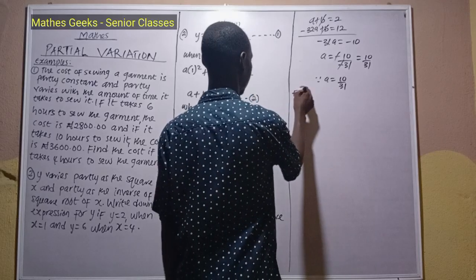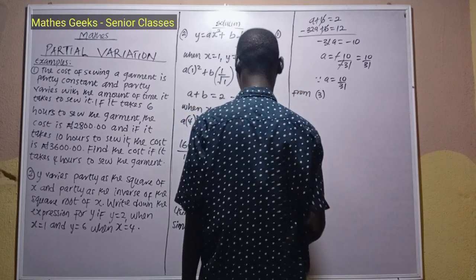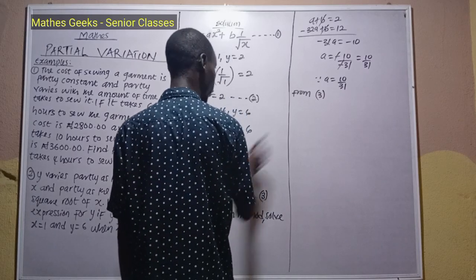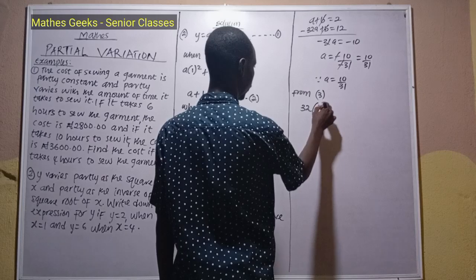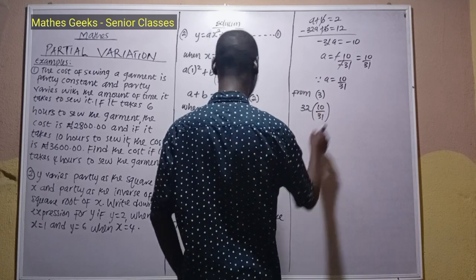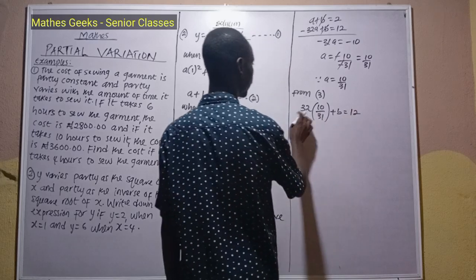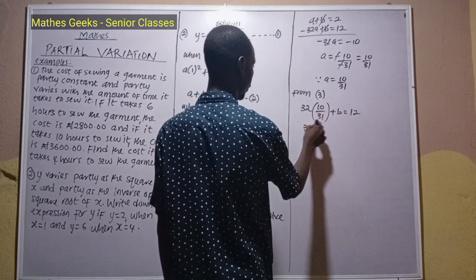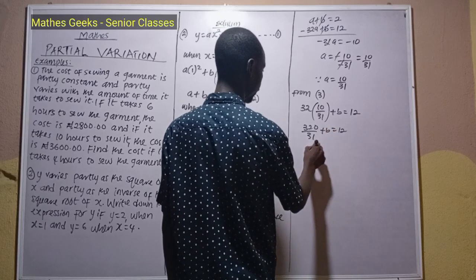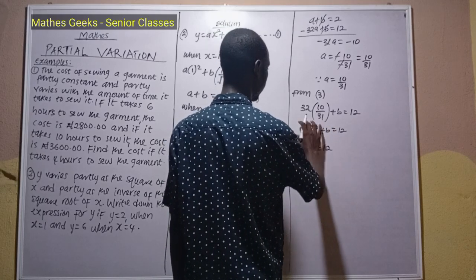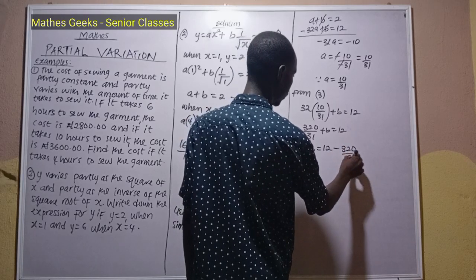So from equation 3, where we have a, we put this value here: 32 times 10 over 31 plus b is equal to 12. So 32 times 10 is 320 over 31 plus b equal to 12. So b is equal to 12 minus 320 over 31.